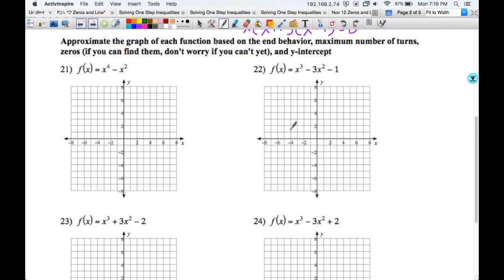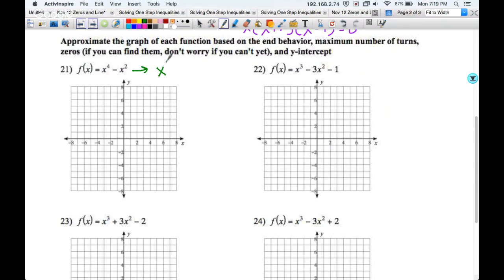We're going to spend a whole day on how to factor ones like this. For 22, if you can find the zeros, great. Otherwise, just use end behavior, maximum number of turns, and y-intercepts, and you can do a pretty good sketch of this. 21, I think we should all be able to get this one pretty much all the way done.